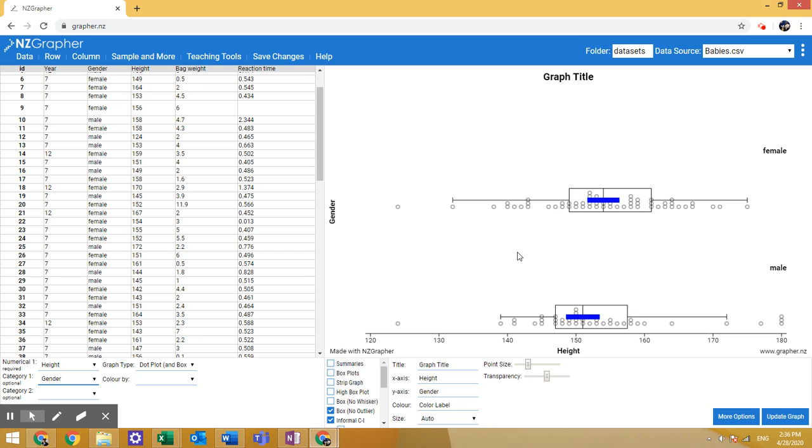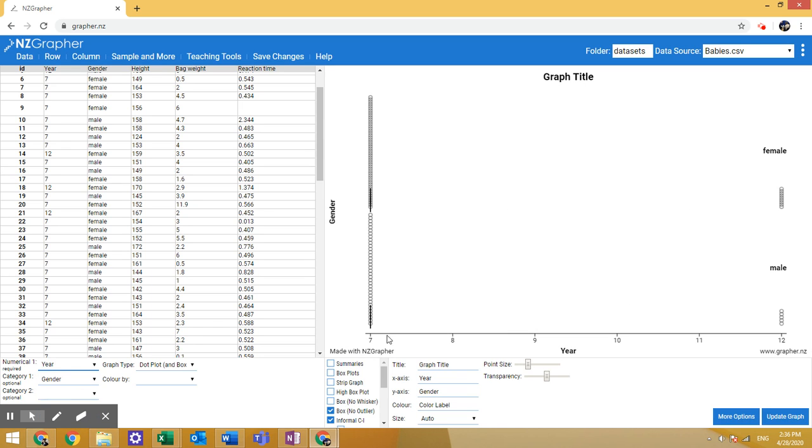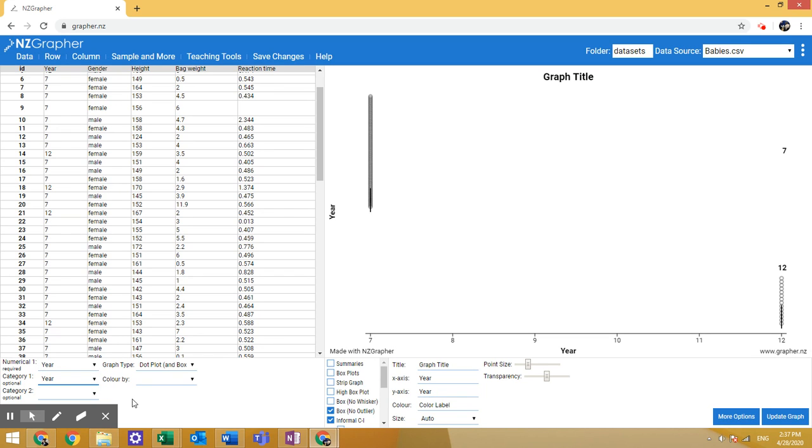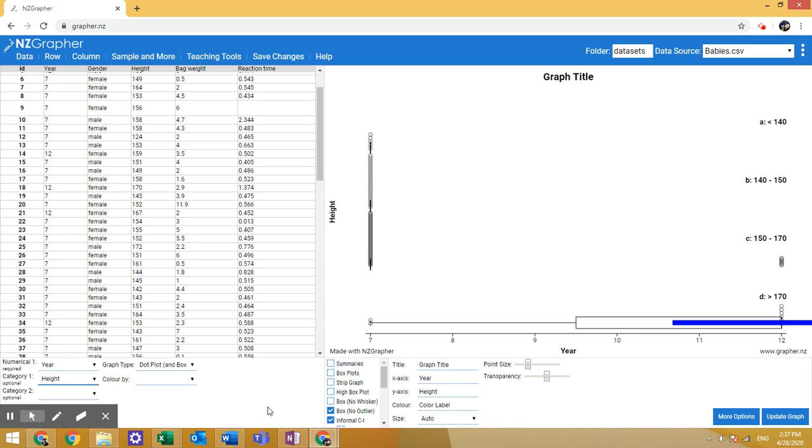So if I had to choose the most interesting one there, where the bars do not overlap, okay, that wasn't it. It was year versus, oh no, stay with height versus year. Height.